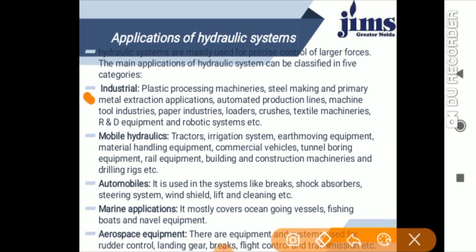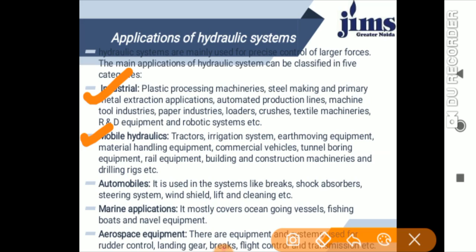Now we are discussing mobile hydraulics. Hydraulics is very familiar in farming. Mobile hydraulics means tractors. If you are cultivating the land, we are using hydraulics. So tractors, irrigation systems, then earth moving equipment like the JCB and others, caterpillars, all are players of this segment.